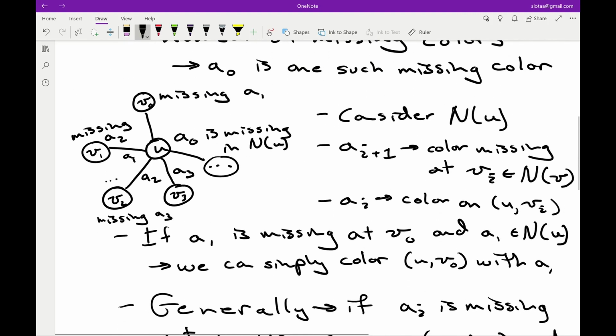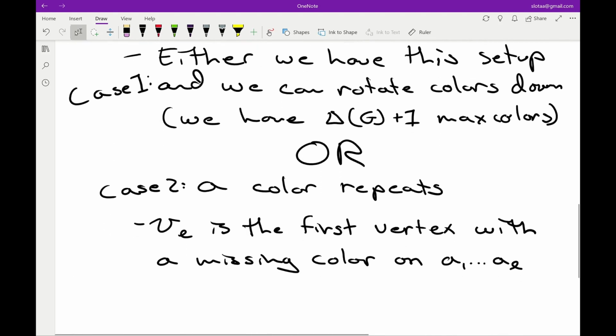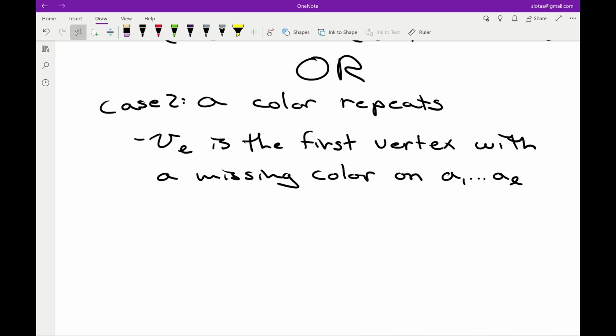So essentially we run into some VL that is also missing some color AX, which is equal to some color missing within the rest of the color set. We'll define this color to be A sub K.